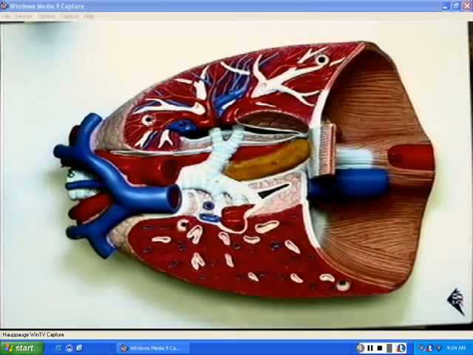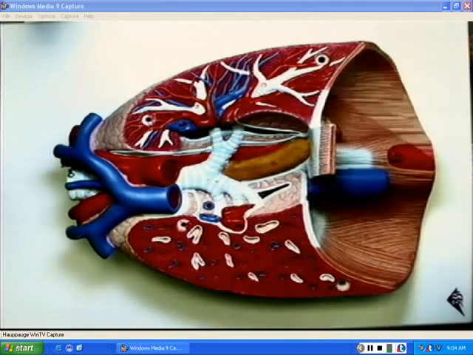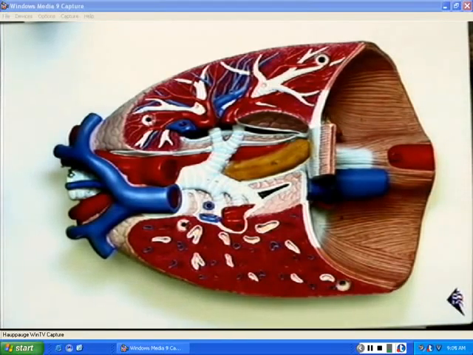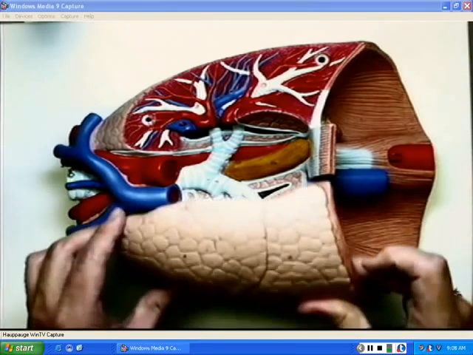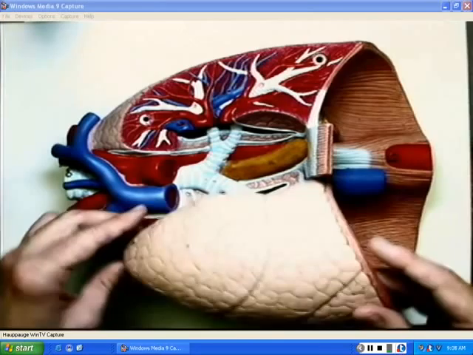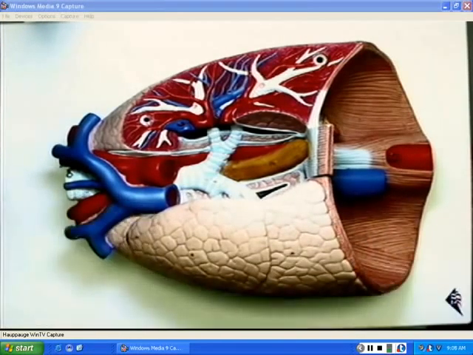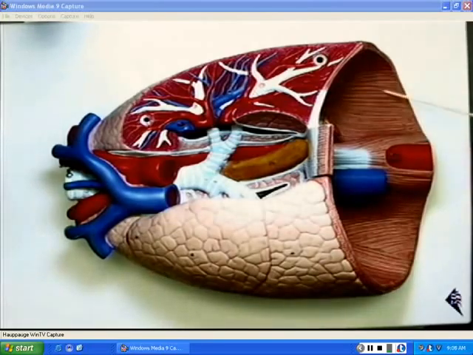And as we look inside, again, you can note our superior, middle, and inferior lobe, our superior and inferior lobe dictated here on this side of the lung. And I want to discuss one other lung model as I put this one back. One thing we want to note on this model in particular is the presence of the diaphragm here, which is incredibly important in respiration.